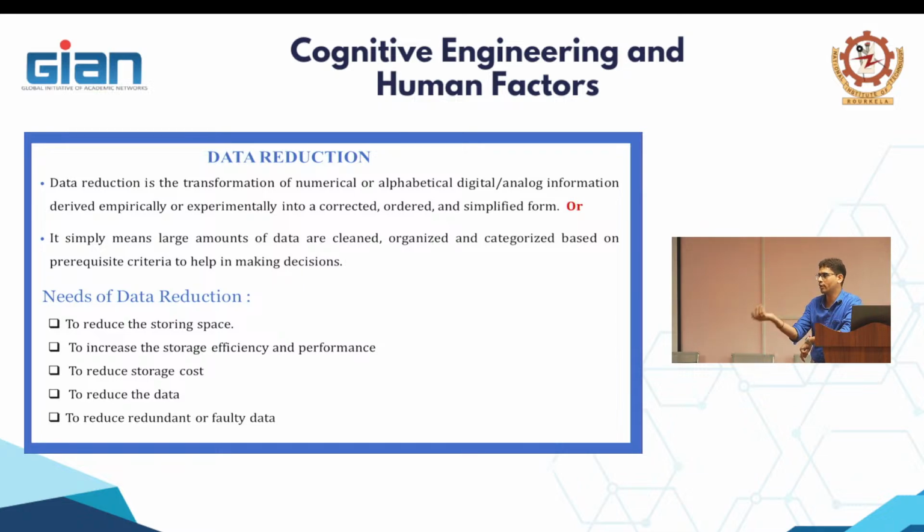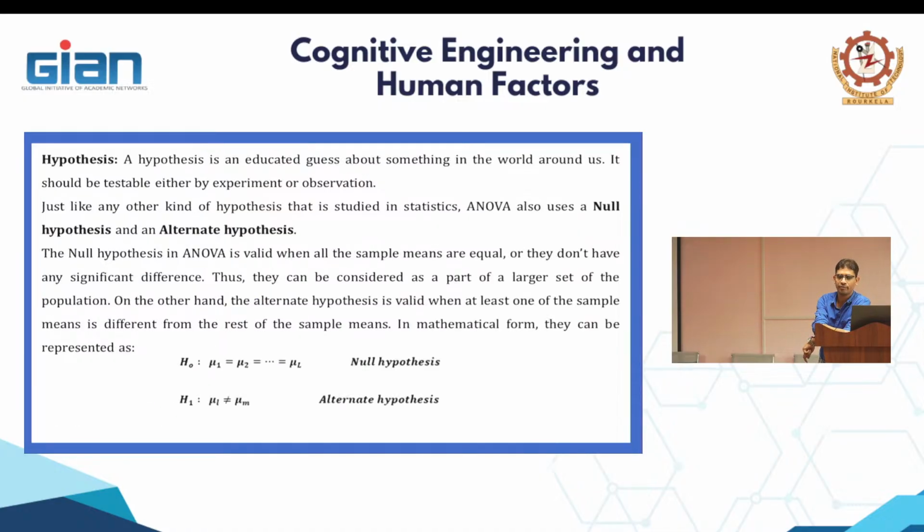You can easily correlate this with the computer system or laptop which you are using: just fill it up, then see the performance. That is the impact of the data on the system. So these are the needs why we require reduction in the data.